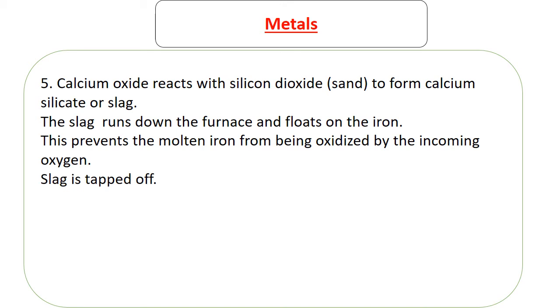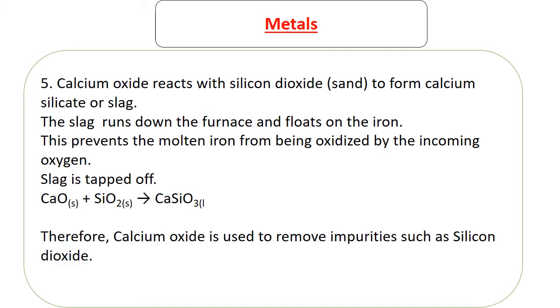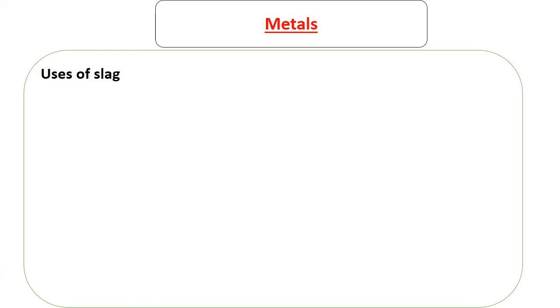Then slag can be tapped off. So this is the reaction of calcium oxide with impurities. Calcium oxide reacts with silicon dioxide to form calcium silicate. In summary, calcium oxide is used to remove impurities such as silicon dioxide.